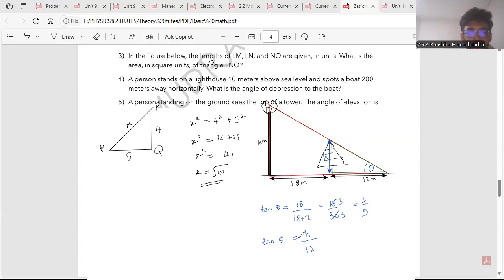Right? So tan theta is also equal to 3 over 5. So you can just write 3 over 5 is equal to h over 12.